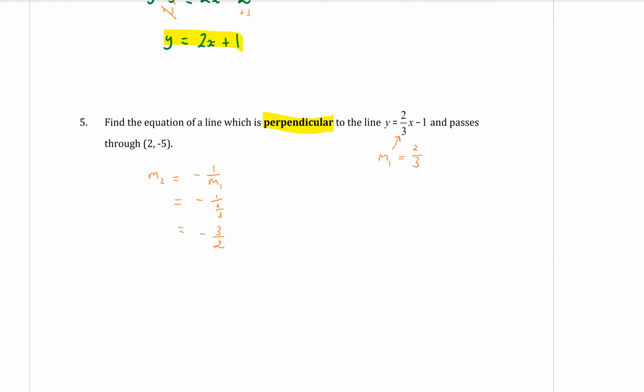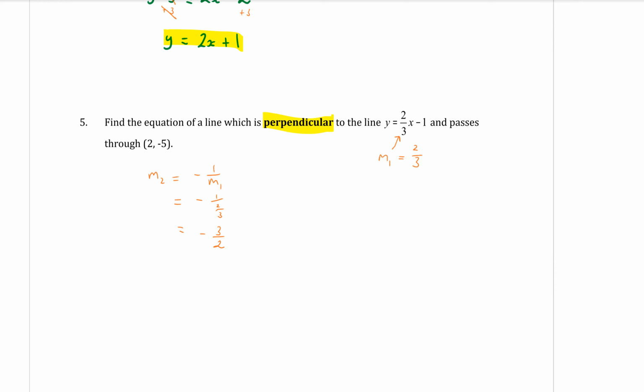What would be the perpendicular gradient? Oh, Ruby, you're good at this. 3. Okay, everyone else understand? Another one. What would be the perpendicular gradient to 5? 1 over 5. Not quite. Negative 1 over 5. So whatever it is, if it's a whole number, you need a negative 1, and you're going to need to turn it upside down.